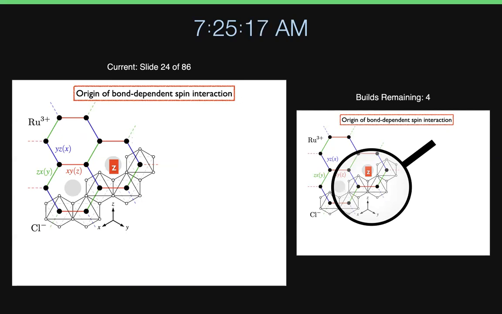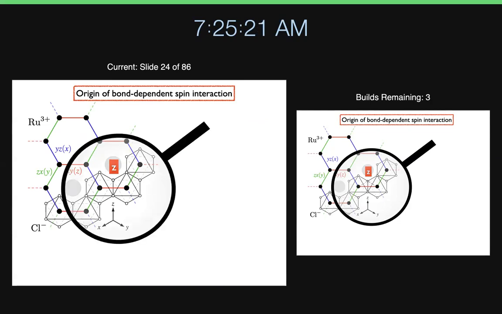I'll call that the Z bond, and that Z bond is going to be the one that is our focus. So I'm going to amplify that point and then try to see what happens. The first thing is, as I said, the process that dominates in the material is going to go through this p orbital here. So this is the superexchange, or indirect hopping, that dominates.